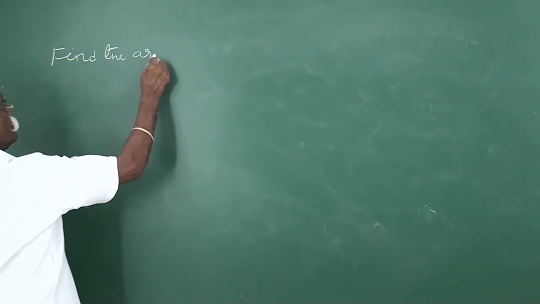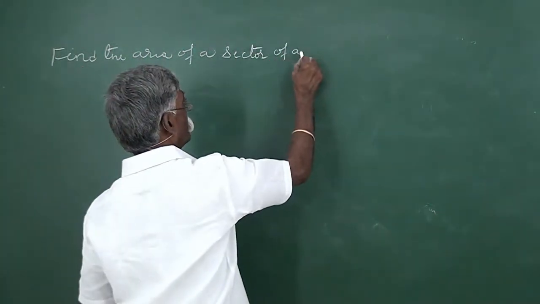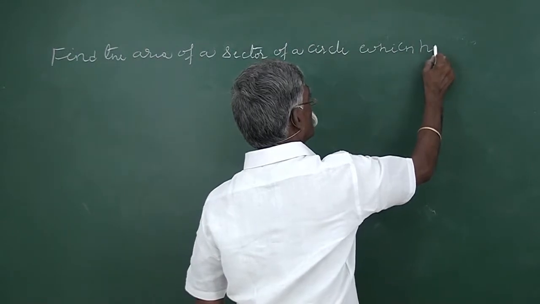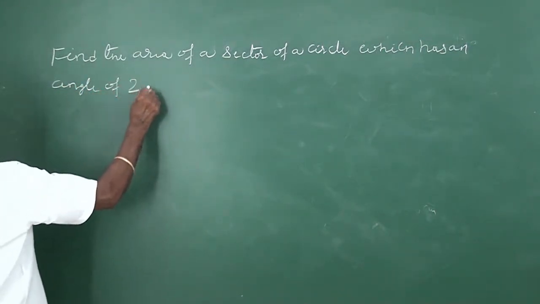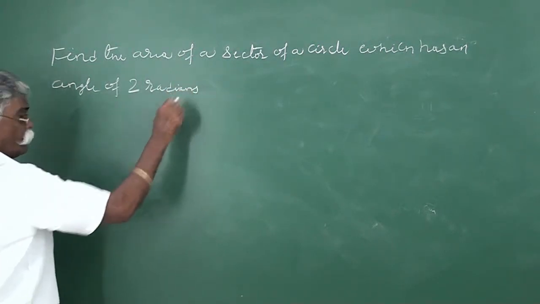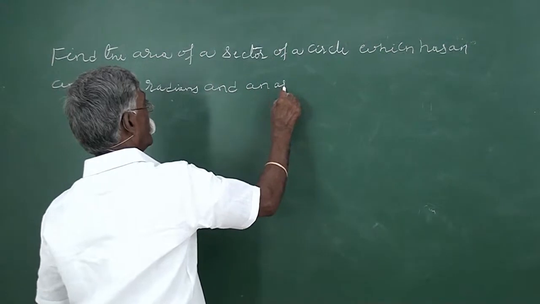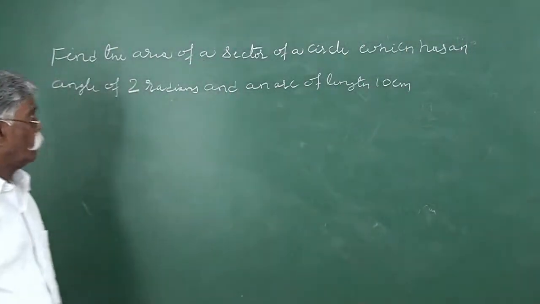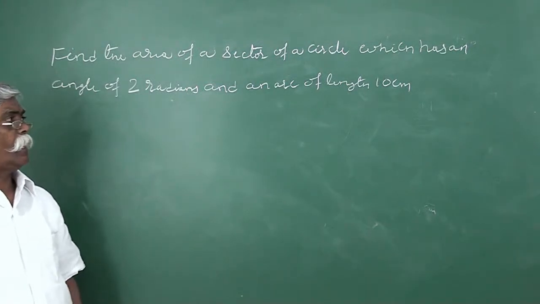Find the area of a sector of a circle which has an angle of 2 radians and an arc of length 10 centimeters.